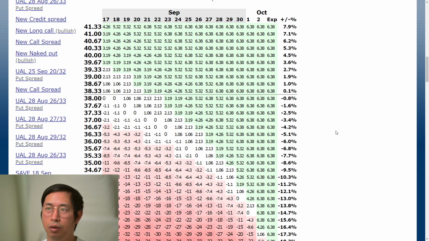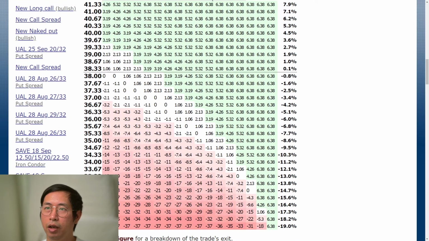We can see here on this graph the profit and loss chart. So right now it's at $38.60, I believe. And we can see here, depending on the date and the price, what our profit will be.